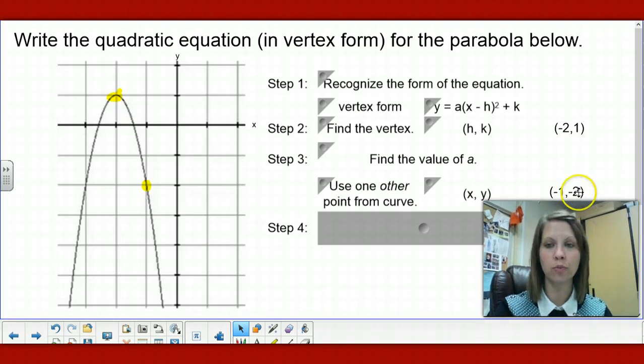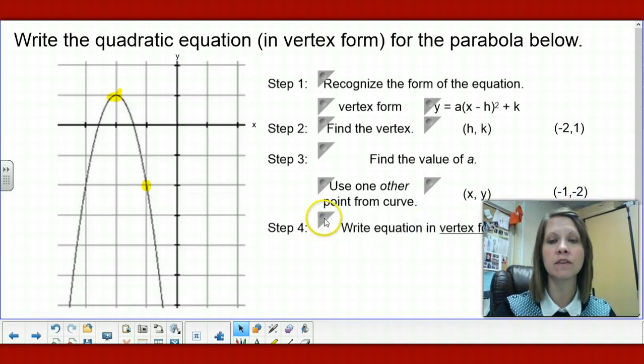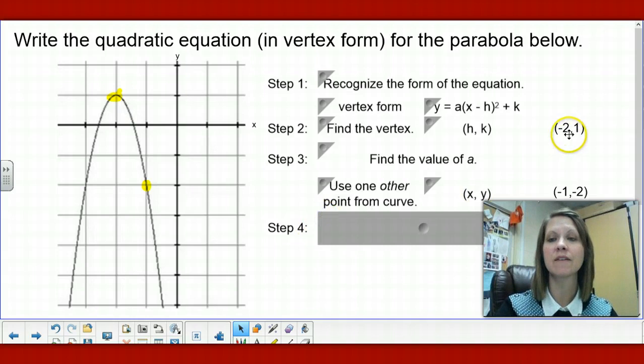So our other ordered pair we're going to use is -1, -2. Okay, so what we do with that is we take this ordered pair and we substitute it as an x, y pair. This one is just a temporary substitute to let us find the a.